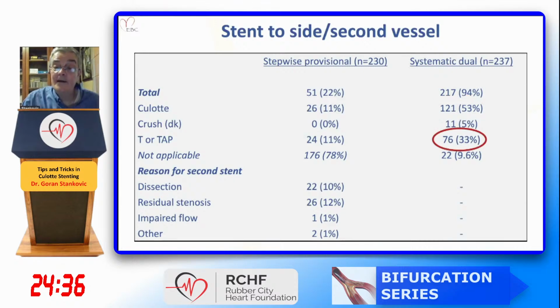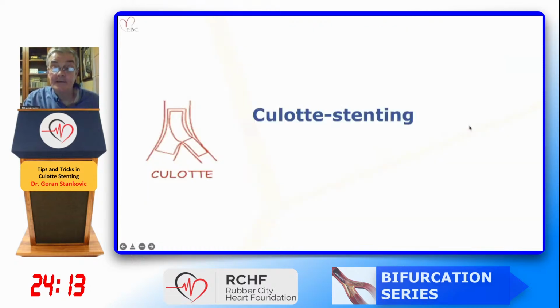Then we have another 33% of T and TAP. So in total, almost 90% of cases of systematic two-stent strategy in Europe is culotte, T, and TAP. We rarely use DK crush, although it was permitted. It was used only in 5% of cases.